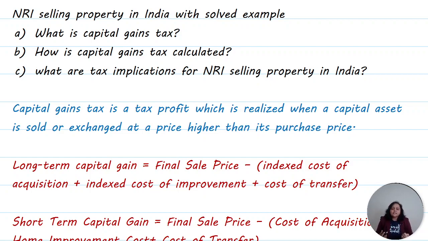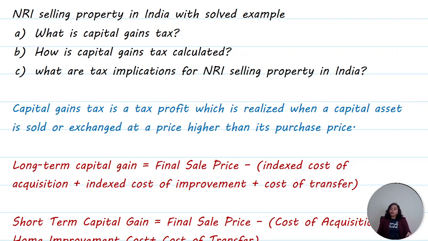So, any such costs that are incurred at the time of transfer of property can be deducted from the final selling price. The difference between the final selling price and the total of these three components is your capital gains. That is taxed at 20% plus surcharge plus cess.